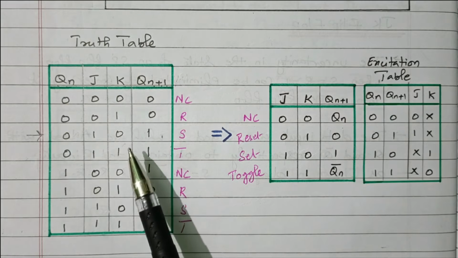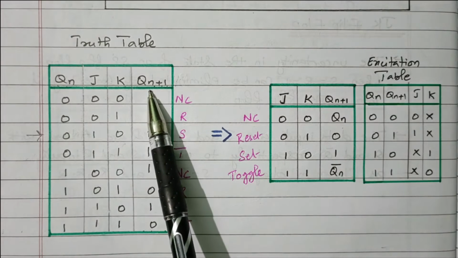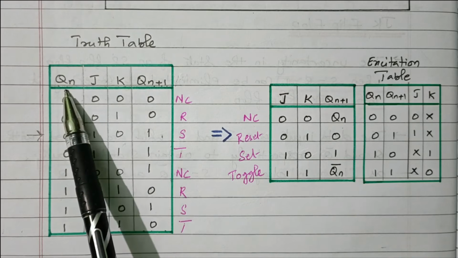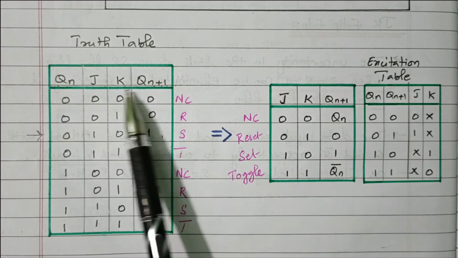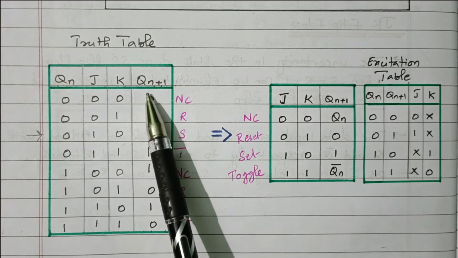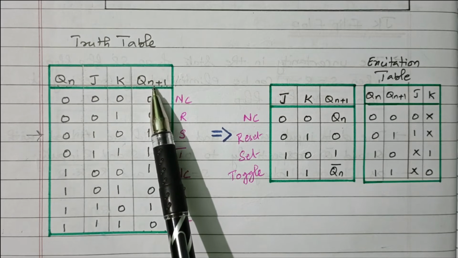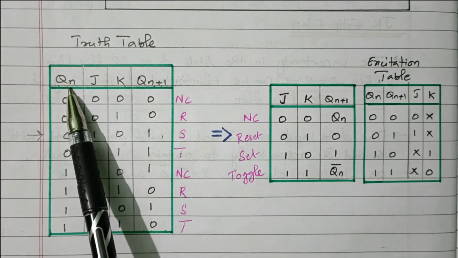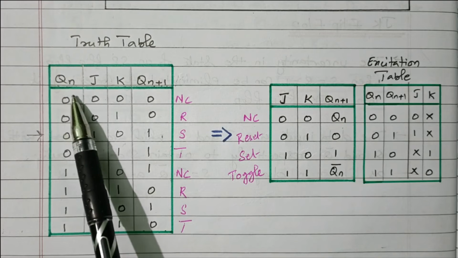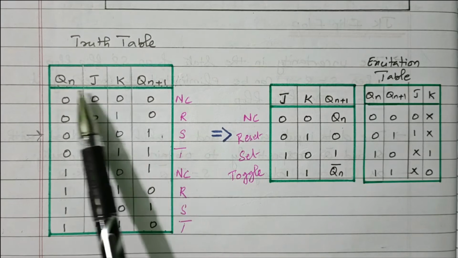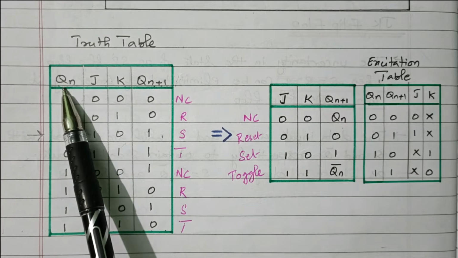Because flip-flop is a storage element, the next state depends upon the input as well as the previous state. Normally in a combinational circuit the output depends upon the input only. Here the new state depends upon the input as well as what was available earlier, the previous state also, right? So these three determine the next state: J, K as well as Qn, the previous state.